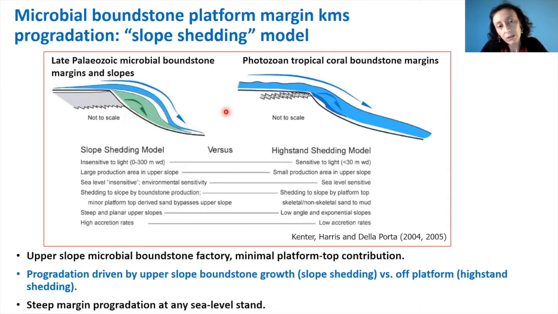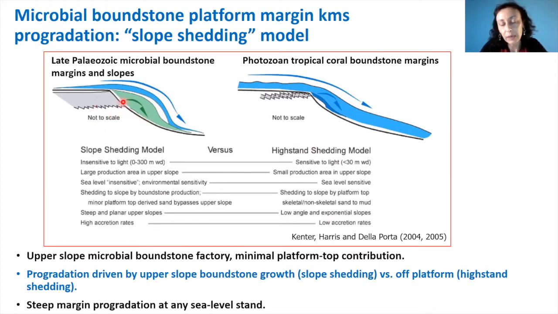This concept has been summarized as a slope shedding model, and one of the key features is that because the carbonate factory is on the slope in a depth window extended to 300-400 meters, the behavior of this carbonate platform with respect to changes in accommodation space and relative sea level is different from a tropical carbonate platform.